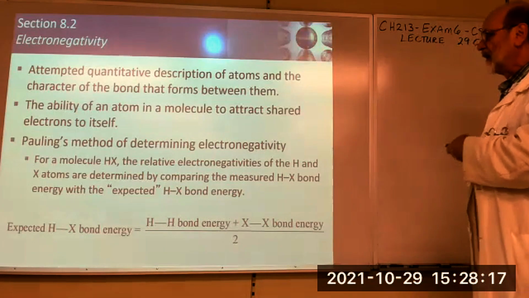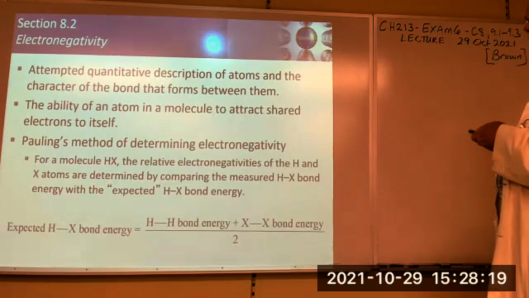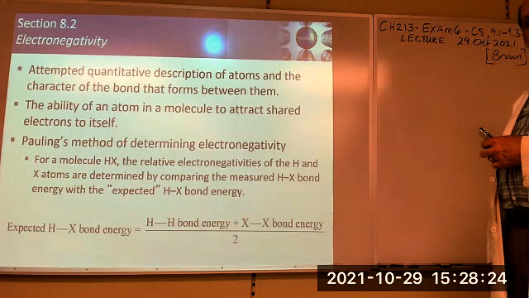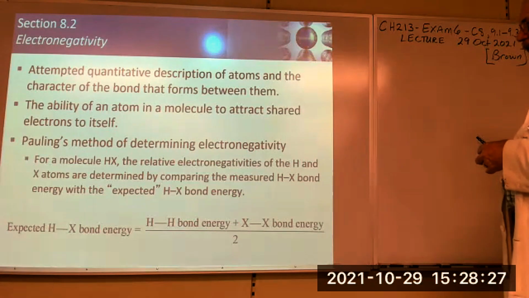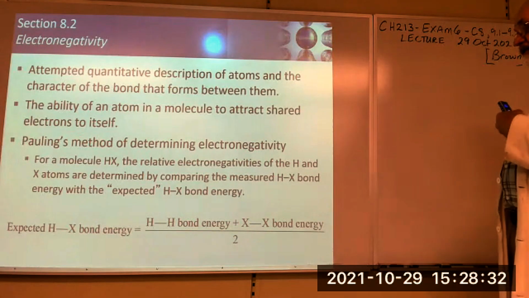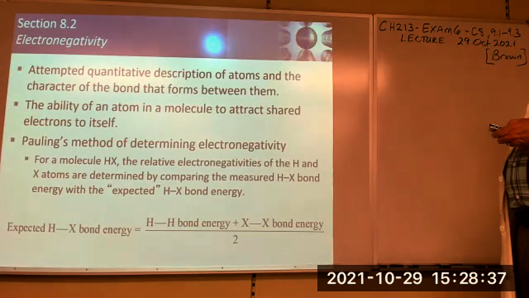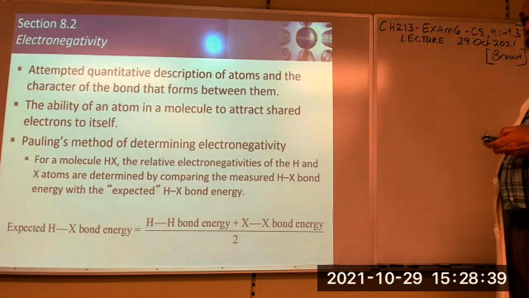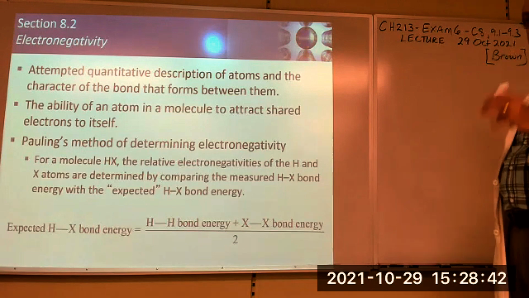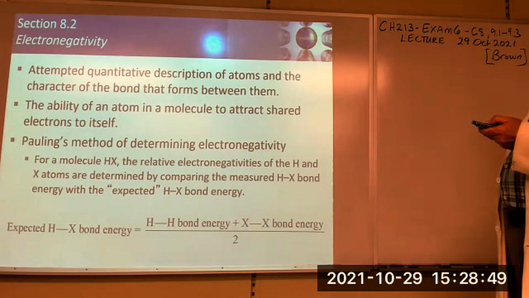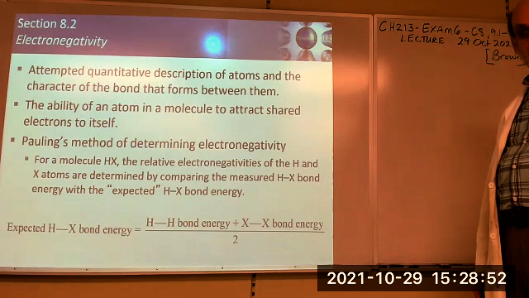There are several systems, not just one that everybody agrees upon, but one that's very commonly used is Linus Pauling's system. In his calculations, fluorine has the very strongest electronegativity in the whole periodic table, and cesium the very lowest. So from lower left to upper right, we increase electronegativity in general.